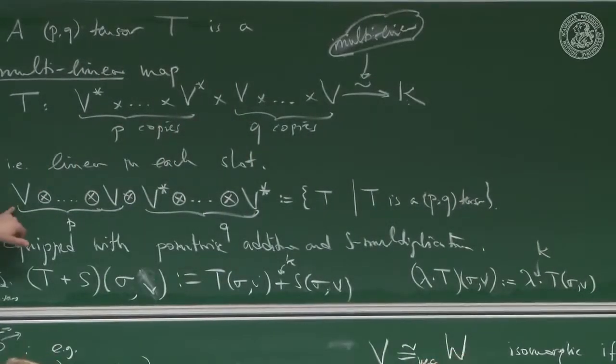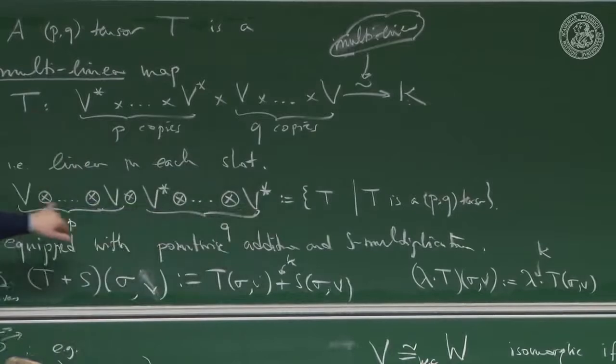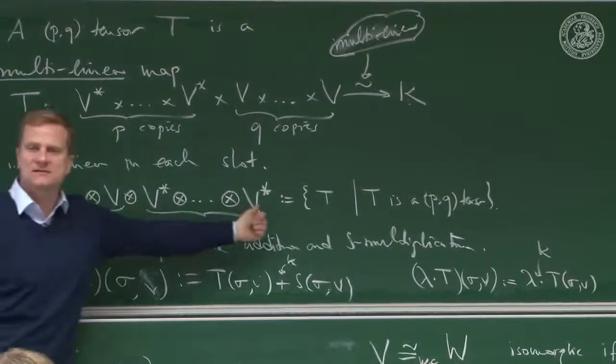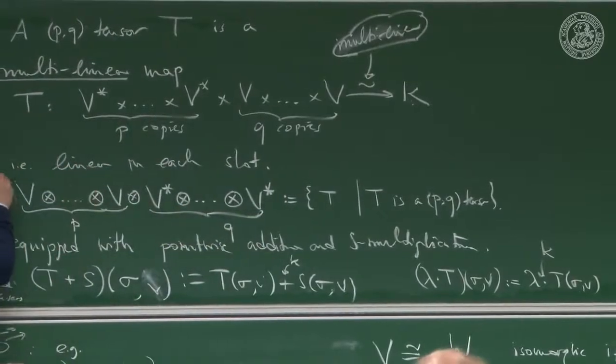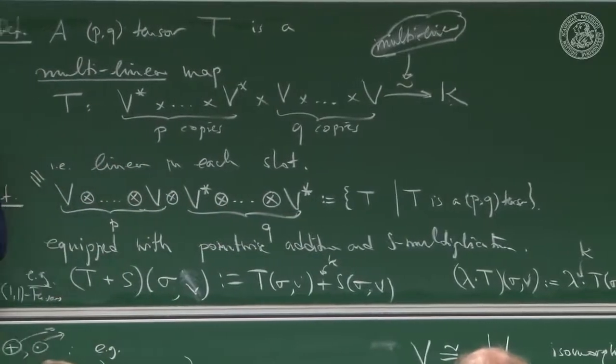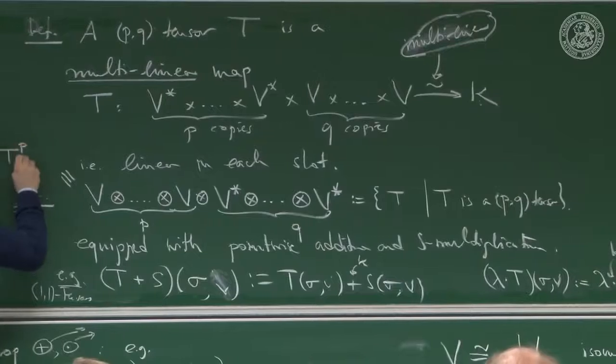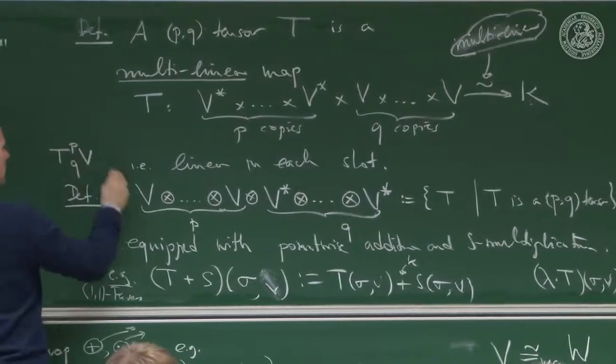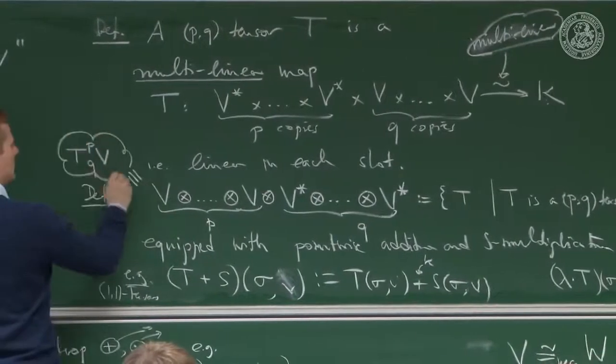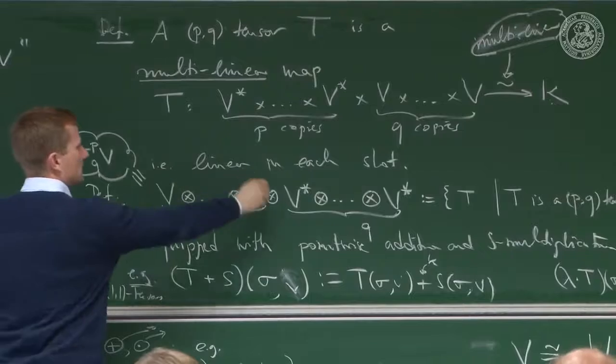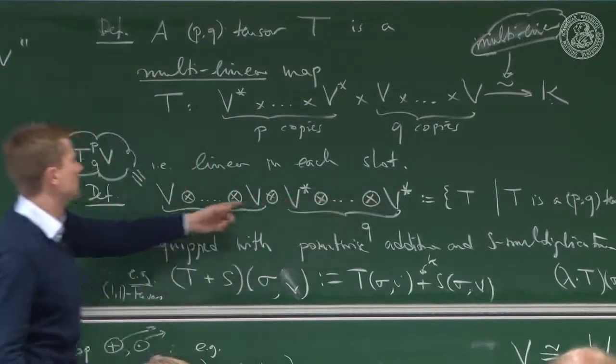And so then this space with this funny name, it's just a name. If you ask how is this symbol defined, I don't need to tell you. It's a name. I could also call this identically T P Q V. That would be an equally good name for what is written here.